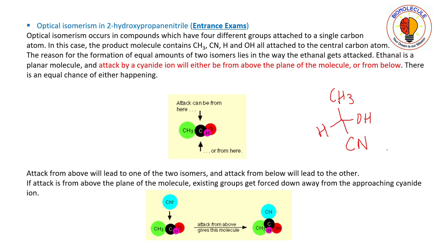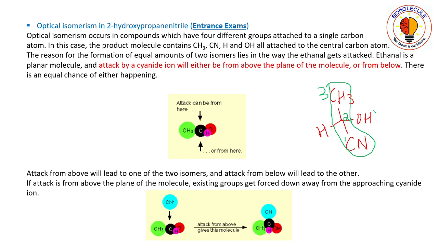If you want to name this compound, how will you be naming this? What is the nomenclature of this compound? See here, cyanide is a functional group and OH will act as a substituent. So a functional group always gets preference over substituents. This is the long chain of carbon atoms, and the numbering will start from the cyanide group as 1, then 2, and 3.